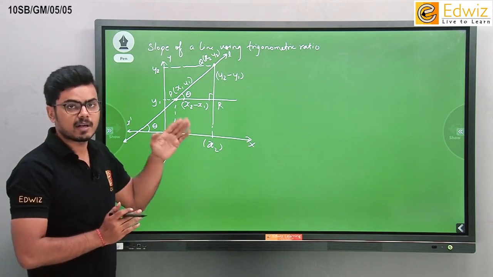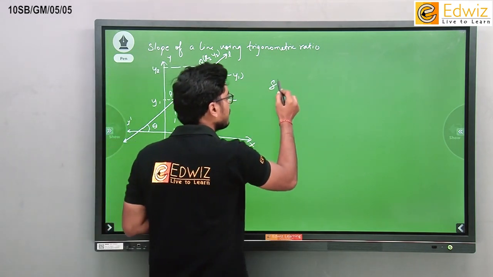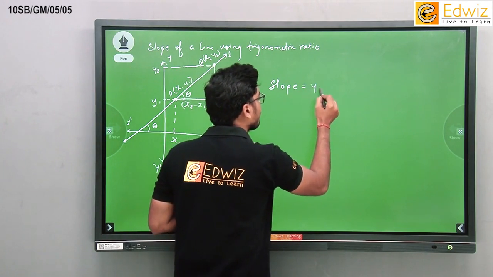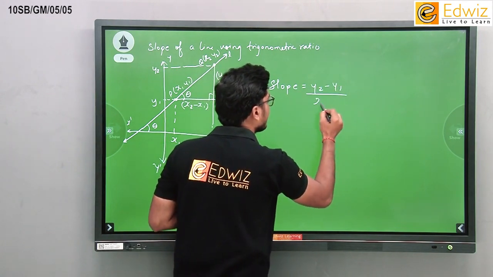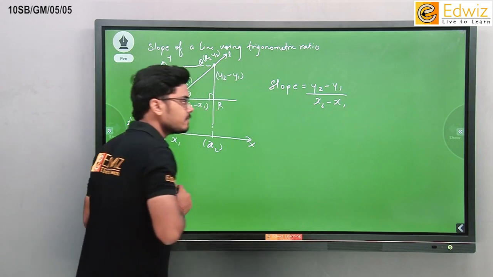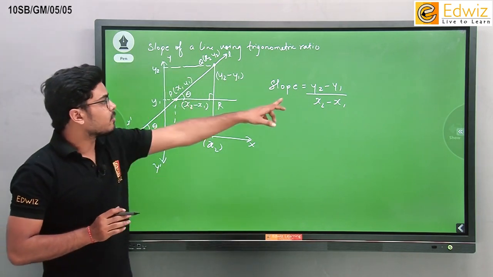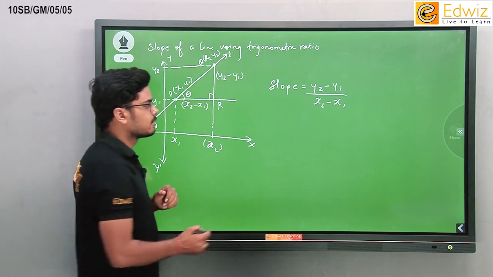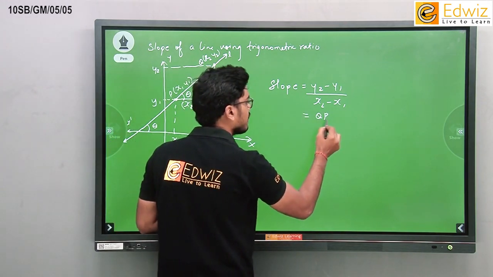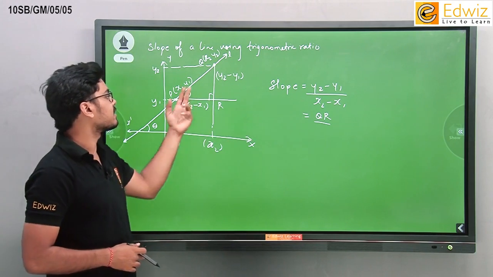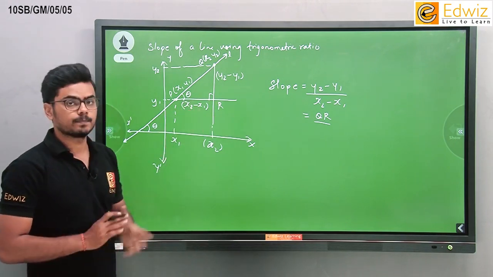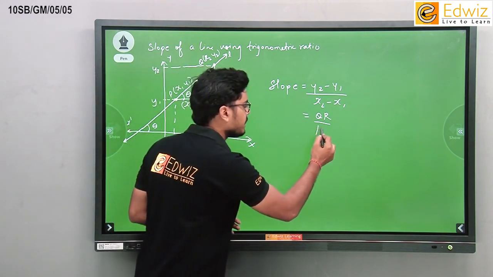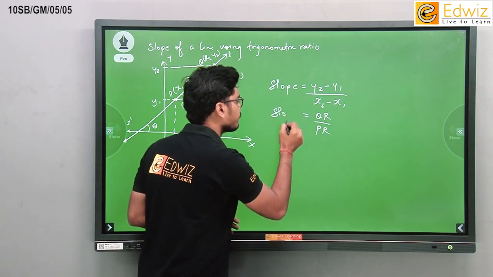We already know that for any line, slope is equal to y2 minus y1 divided by x2 minus x1. Correct? Here, if you observe the diagram, y2 minus y1 is nothing but QR and x2 minus x1 is nothing but PR. Correct? QR upon PR is the slope.